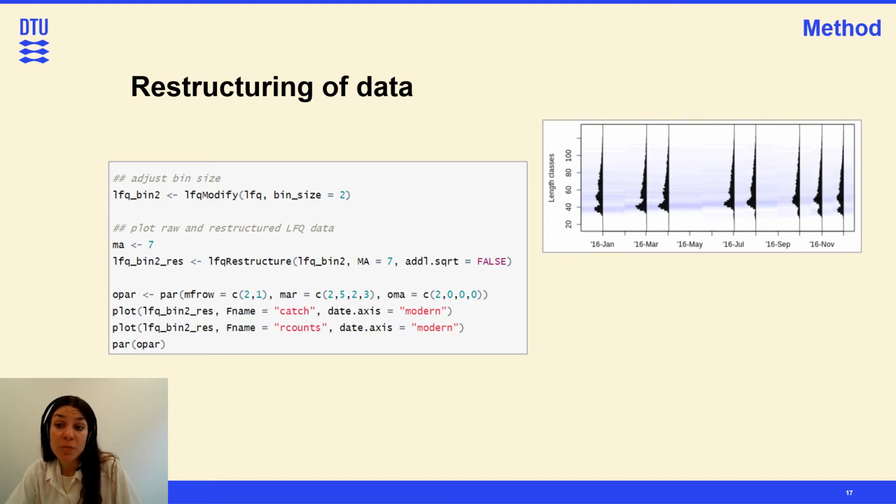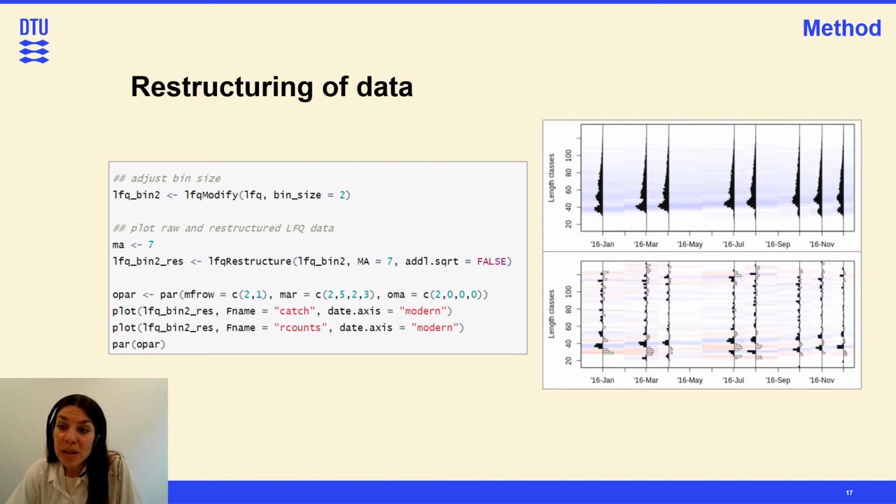It is also possible to apply an additional square root transformation in the restructuring, which reduces the weighting of large individuals. The bottom panel here shows the length data after restructuring with a much clearer identification of the modes. So here the positive peaks are indicated in blue, while the negative peaks are indicated in red.